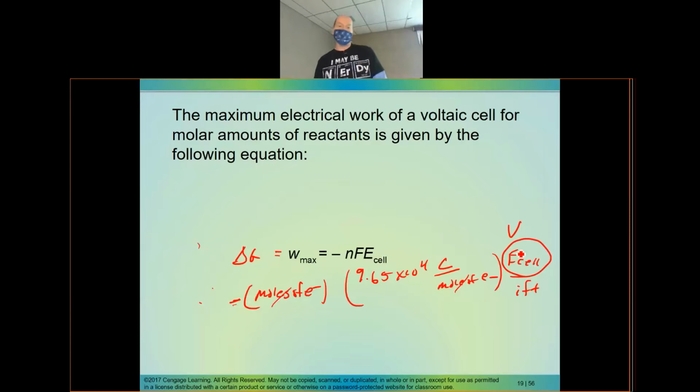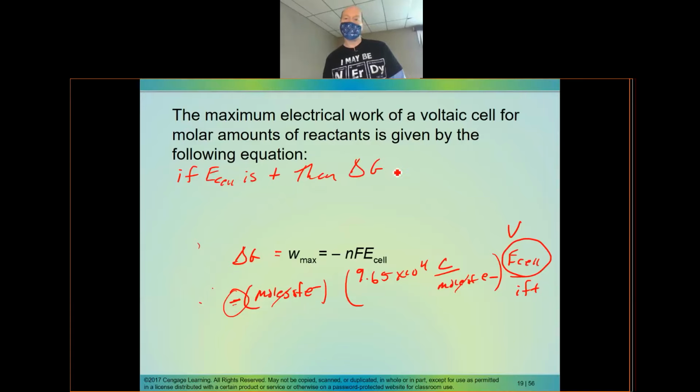Those three numbers multiplied together are positive, but there is a negative out in front. And so your delta G will be negative. So if your E cell is positive, then your delta G is negative, and therefore the reaction is spontaneous.